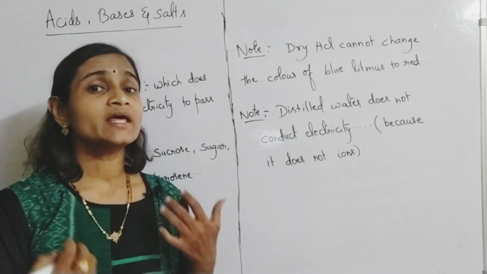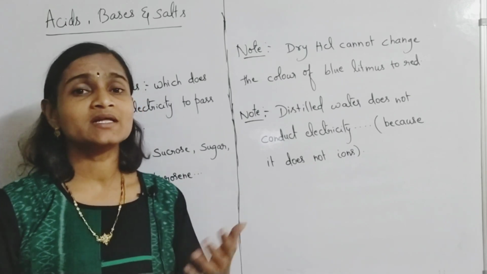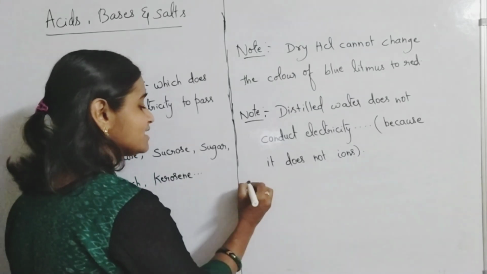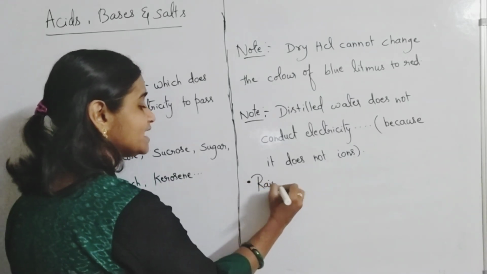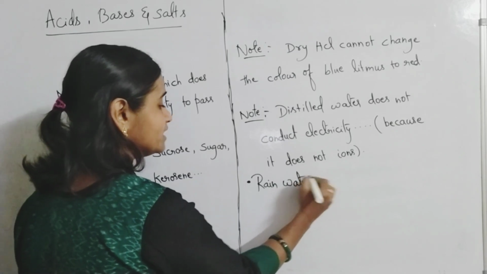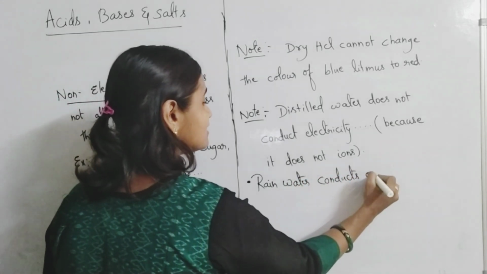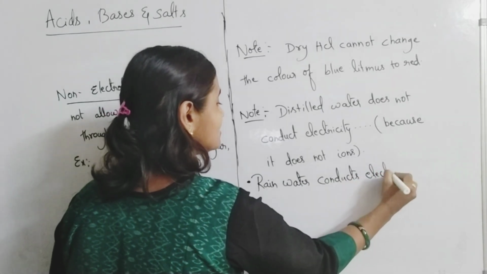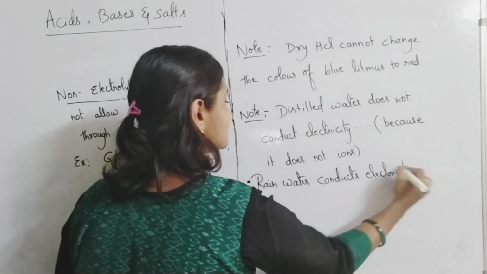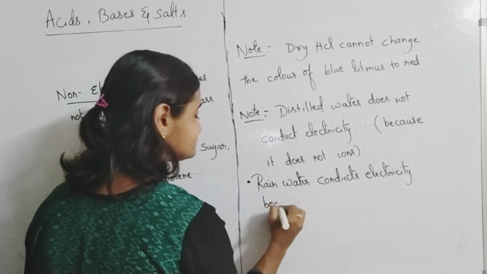Rainwater can conduct electricity because it consists of certain oxides. Please remember this point: rainwater conducts electricity. Why?